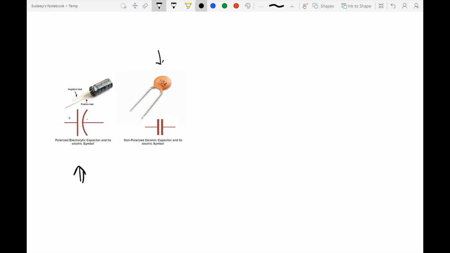So why do we have these two different types of capacitor? A polarized capacitor, the one on the left, is able to provide a high capacitance for a given size. So for the same size of a polarized and a non-polarized capacitor, a polarized capacitor would provide a higher capacitance.